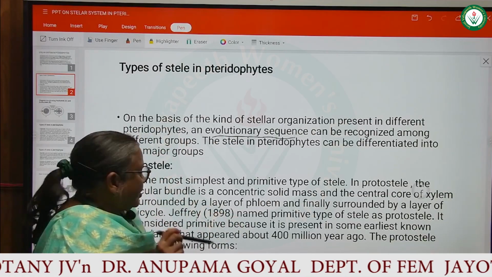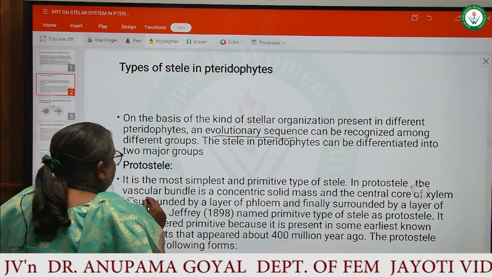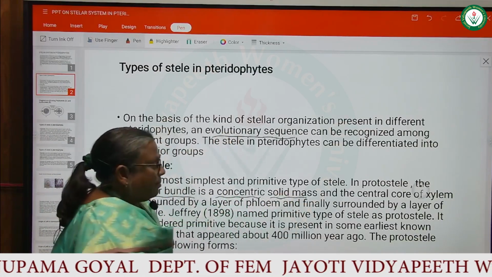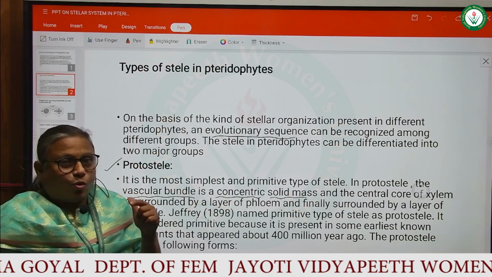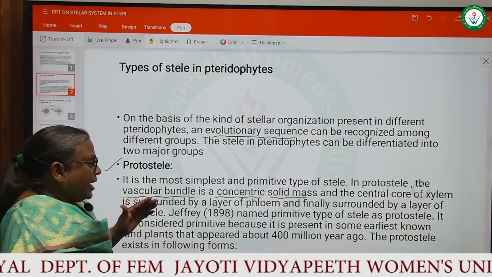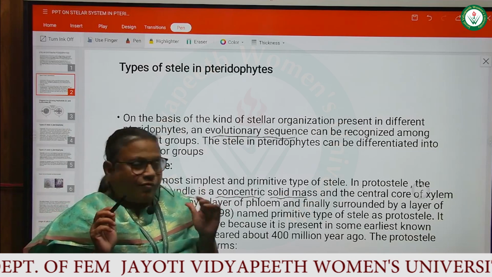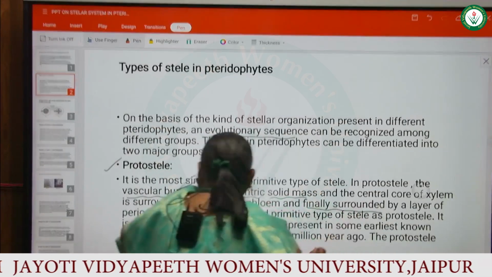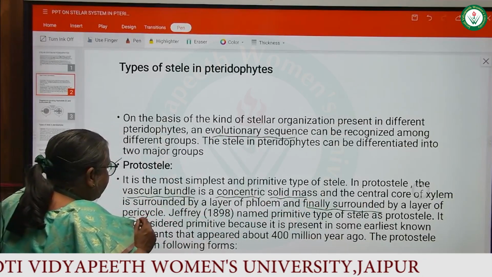In protostele, the vascular bundle is a concentric solid mass, with a central core of xylem surrounded by a layer of phloem, and finally it is surrounded by a layer of pericycle.